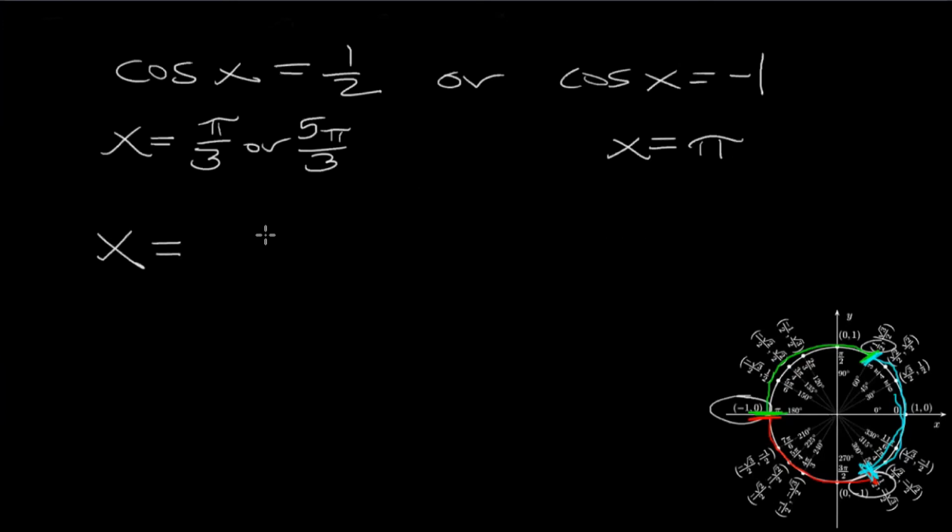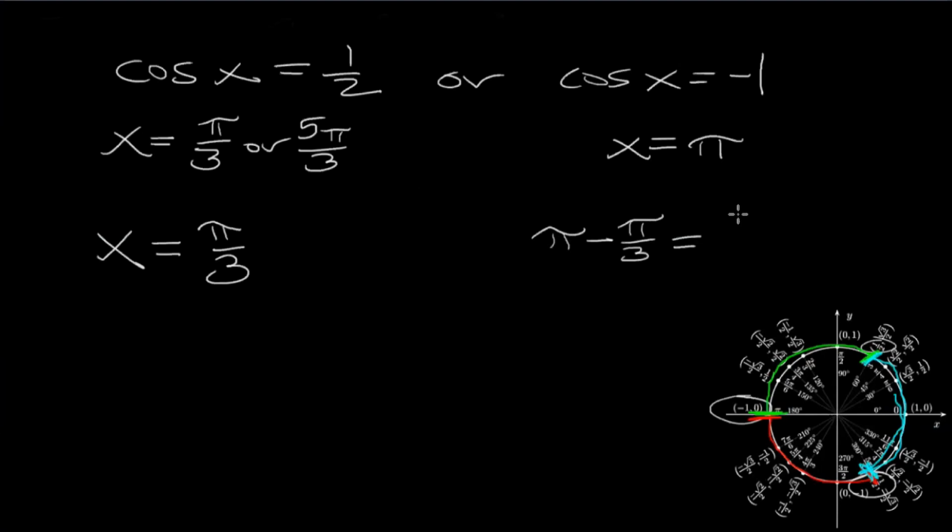I could say, well, I know I'm going to start, the first angle is here at pi/3. And then I'd need to figure out how much I add to get to the next one. And I could either do that in my head, or I could just take pi and subtract pi/3 and figure out the difference between those.